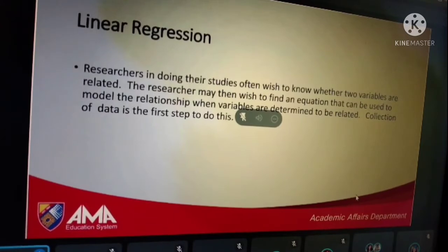So, a collection of data will be the first step, no, na gawin bago ka makapag-conduct ng iyong research. Yun naman talaga yung importante, yung gumawa ka ng question. Na yung i-collect mong data ay may kinalaman dun sa research mo.